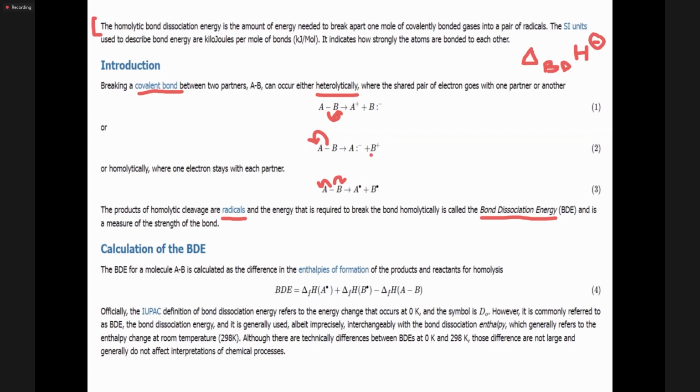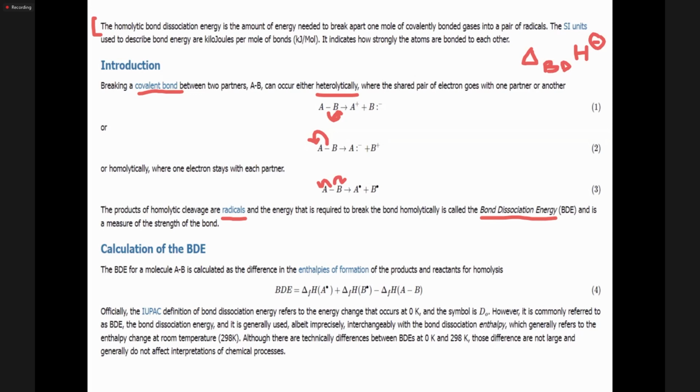We have a covalent bond, and we are trying to break it into two radicals, and that is called homolytic bond cleavage. In the case of homolytic bond cleavage, it is measured as the BDE, the bond dissociation energy.